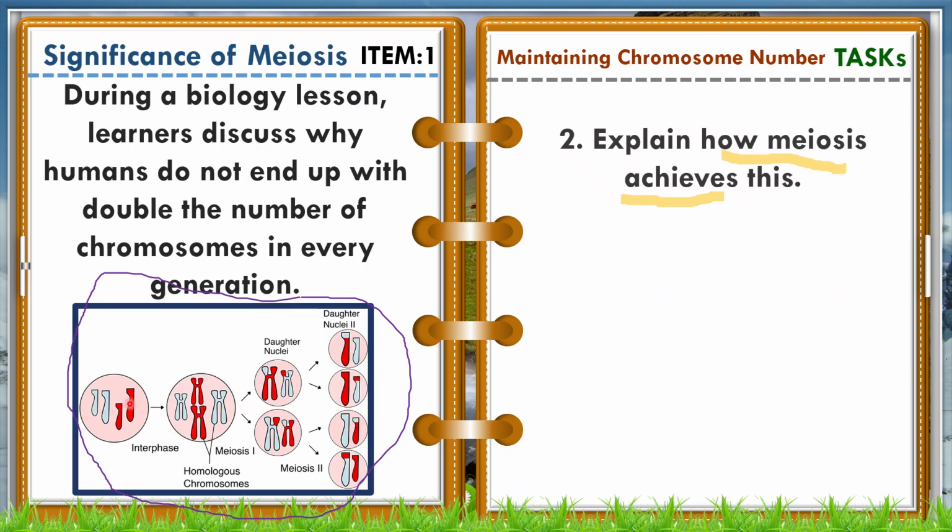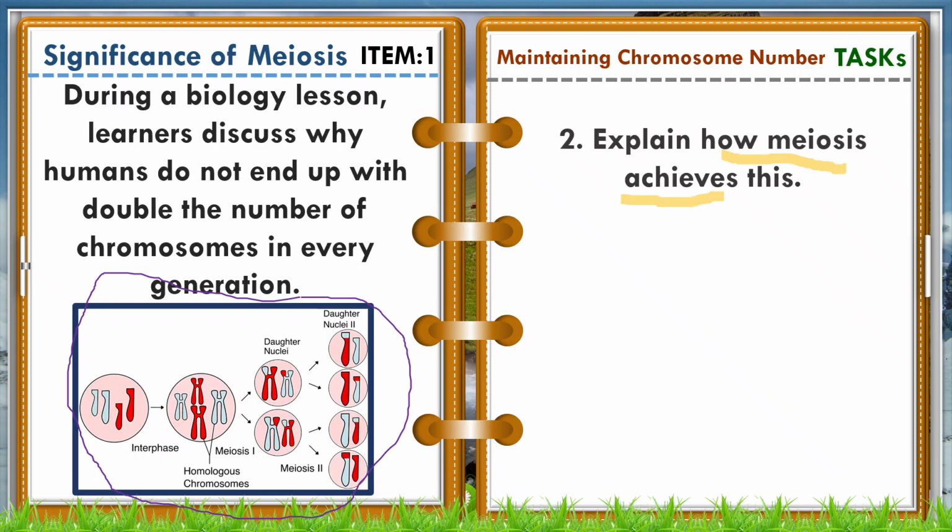So here we are having two pairs, 1, 2 from maybe the paternal, 1, 2 from the maternal, representing the 23 pairs. We are using 2 pairs. During interphase, each chromosome duplicates to form sister chromatids.